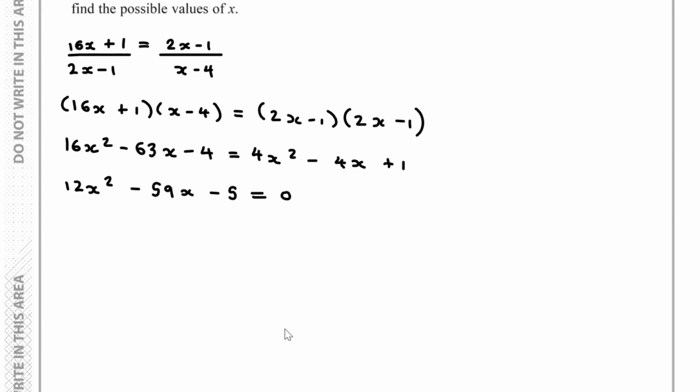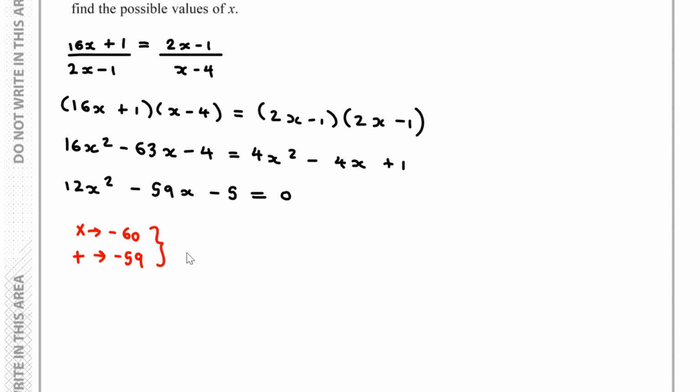So what we're going to do now is attempt to solve this equation, and there's various different ways we can do this. One way is to factorize. So what I'm looking for here are two numbers which multiply to give 12 times minus 5, which is minus 60, and which add to give the minus 59.